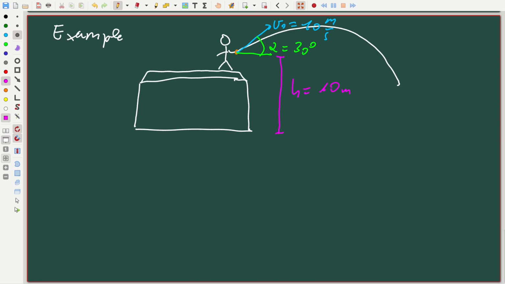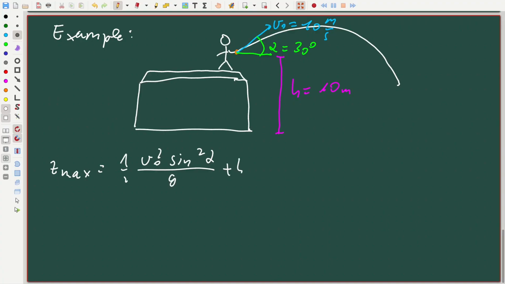Yeah, and then we can use our formula for z max in order to calculate the maximum. And if we want to do that, we can write down here z max, and then once more the formula 1/2 v0 squared sine squared alpha divided by g plus h.